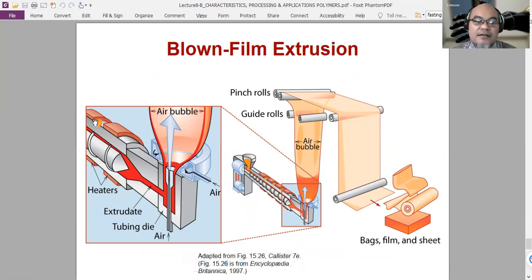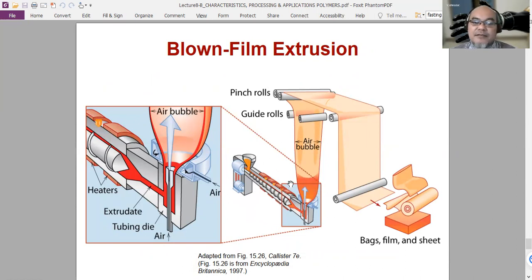This is the blown film extrusion to make film of polymer. The polymer is heated and becomes molten. In liquid state, it is extruded and formed in this tubing die. Then air is blown here so that a cavity will form.